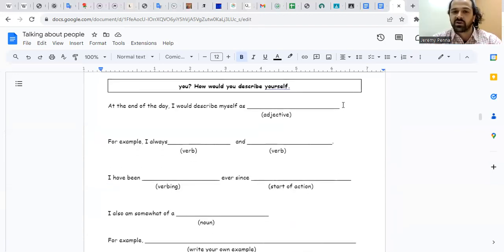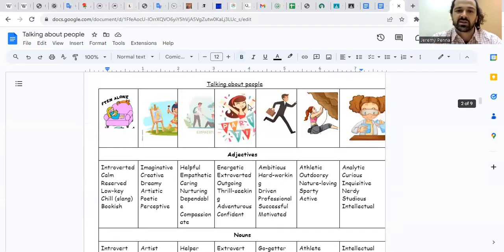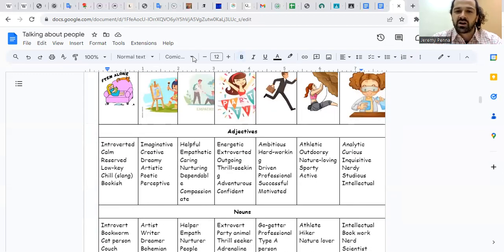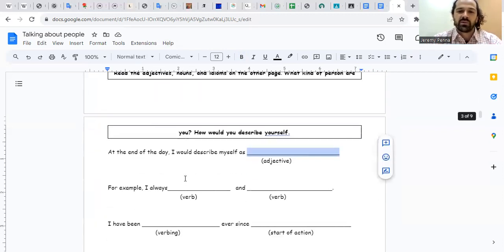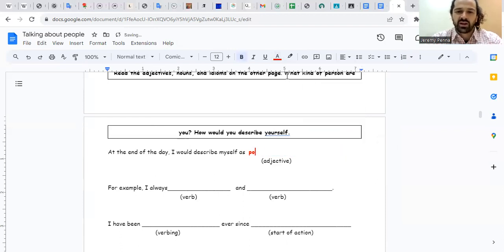So, okay, at the end of the day, I would describe myself as, all right, well, what adjectives will describe? Let's do the second one here. We can pick two, as poetic and dreamy.